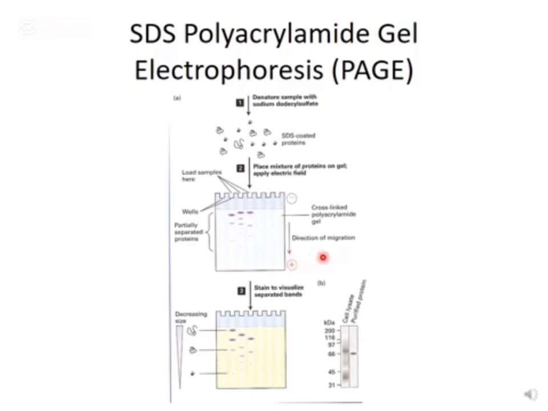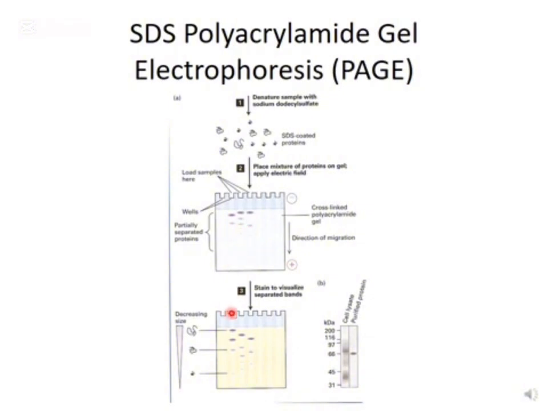What happens is that the proteins are going to migrate in this direction towards the positive side of the gel, and they are going to separate. Proteins with a larger mass are going to have greater resistance from the pores in the gel, so they're going to move the slowest. Proteins with the smallest size are going to move more easily and cross the pores within the gel, so they're going to travel the furthest.